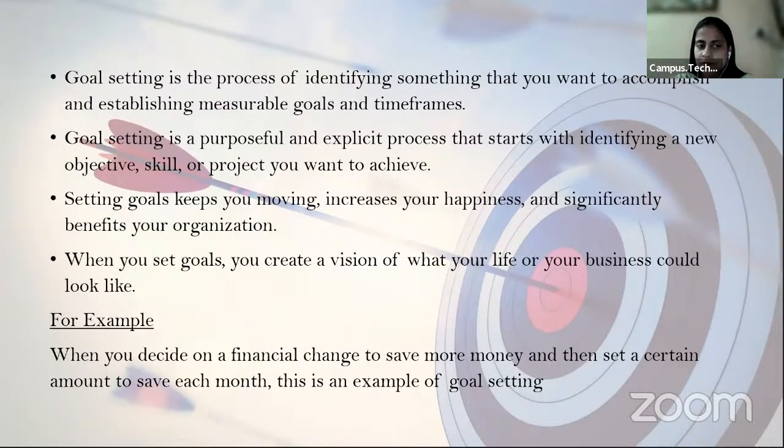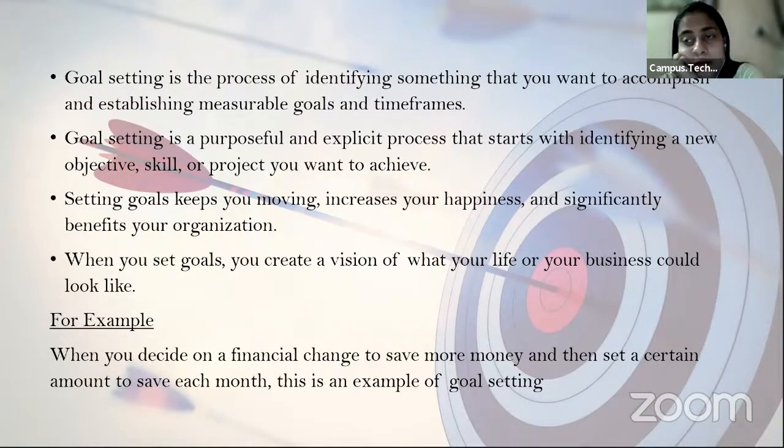For example, when you decide on a financial change to save more money and set a certain amount to save each month, that is an example of goal setting. Just understand the example; it looks very simple. The goal here is to save more money. That is what I have written in my goals. Now, how am I going to save more money?